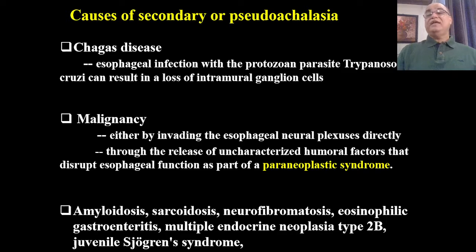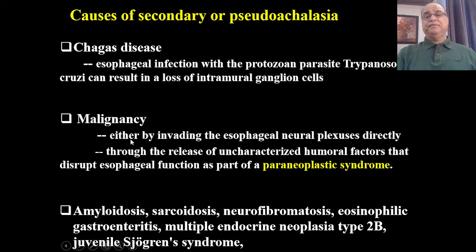Causes of secondary achalasia, or pseudoachalasia: there are different diseases which can cause this. One is Chagas disease, which is caused by the protozoan parasite Trypanosoma cruzi, in which there is a loss of intramural ganglion cells.